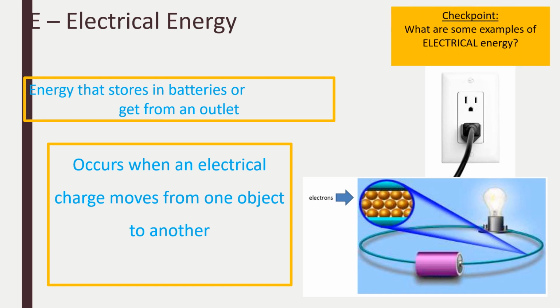That is considered electrical energy. Those electrons, that electricity, travel to the object. Those electrons travel from the negative terminal of the battery to the positive terminal of that battery. And that flow of electrons is called electrical energy.